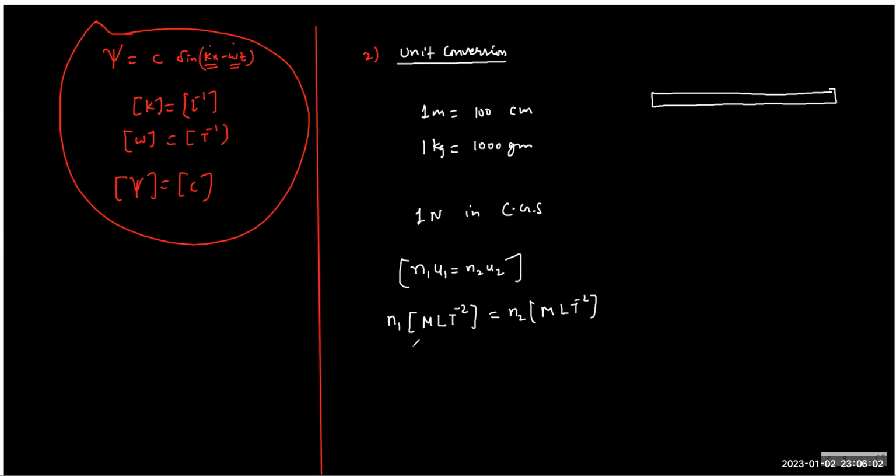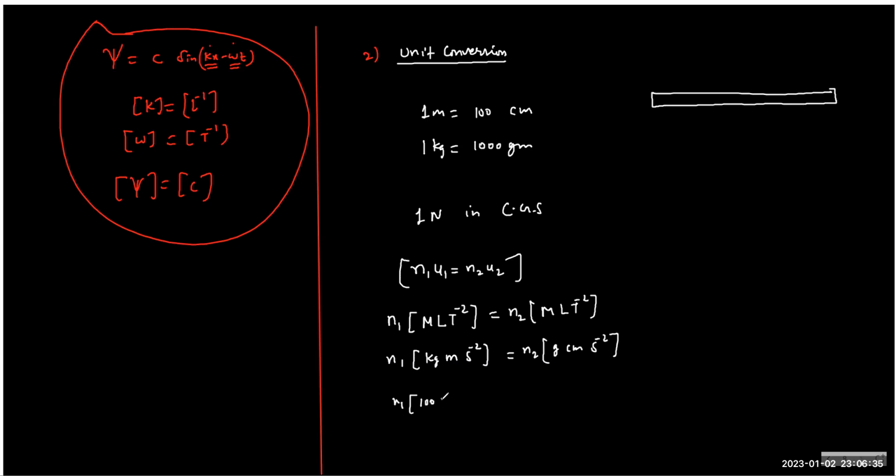So in SI, what do we write? n1, mass as kg, length meter, time second. And in CGS, mass gram, length centimeter. Now convert into similar units so that we can cancel things.